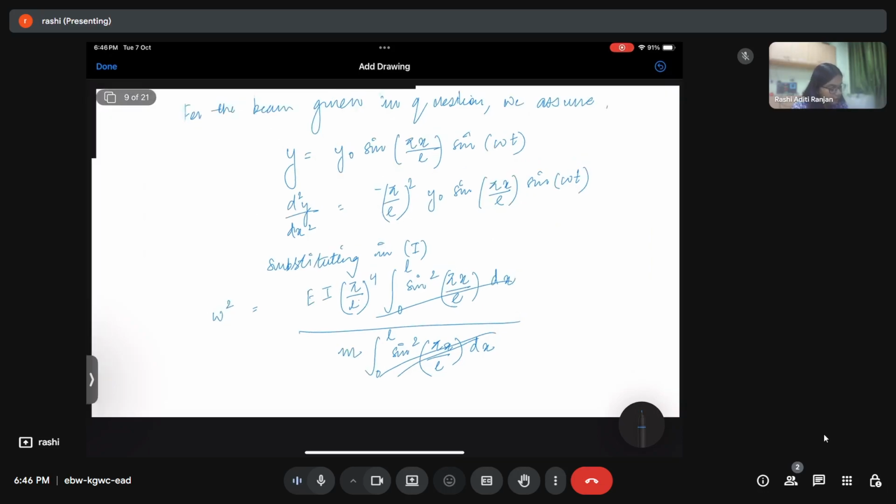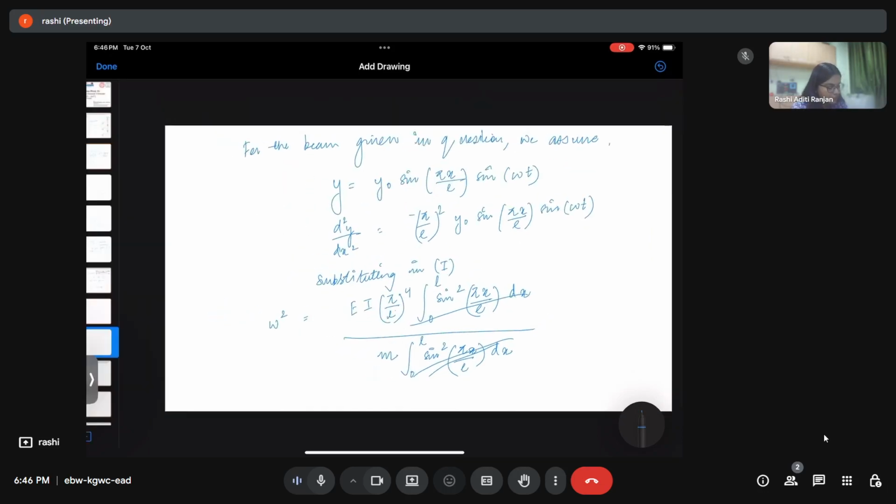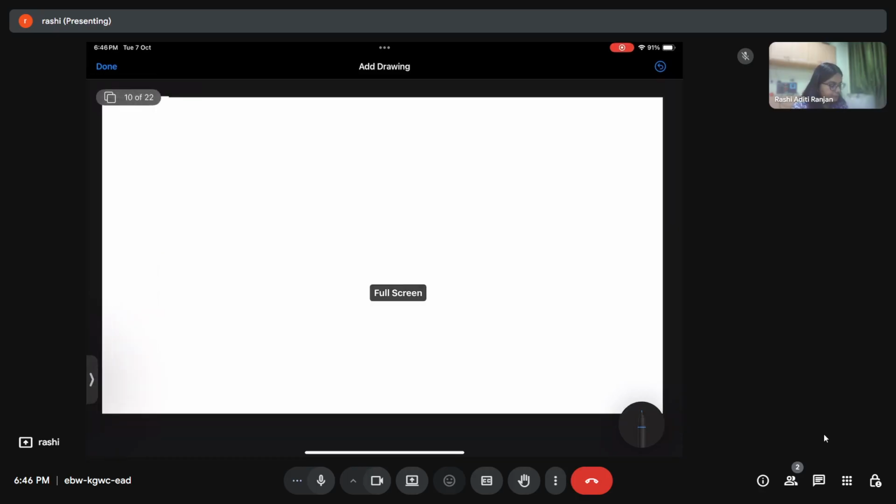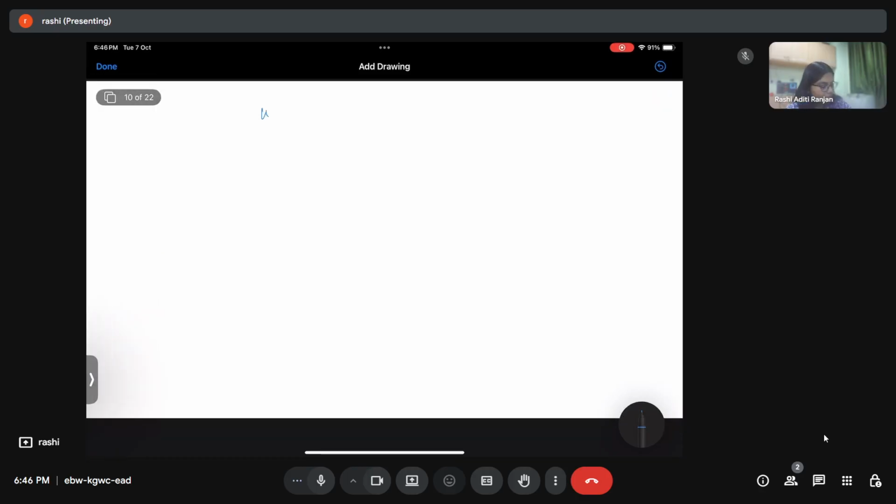Then finally we are going to get the equation for omega square as pi to the power 4 E I by m L to the power 4, which implies omega 1 is equal to pi square under root of E I by m L to the power 4.